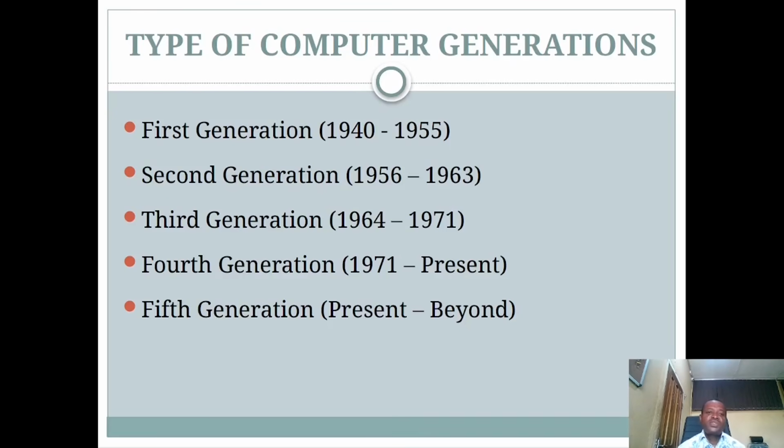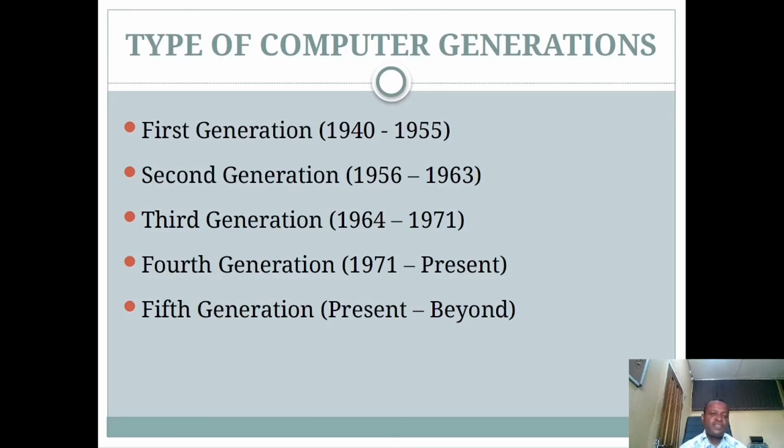We have second generation computers, created between 1956 to 1963. We have third generation computers, created between 1964 and 1971. We have the fourth generation computers that emerged from 1971 to the present because it overlaps with the fifth generation. So the fifth generation is the computer system we are presently having now and the ones that are yet to come.